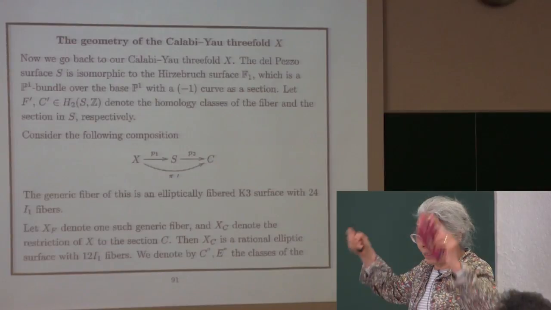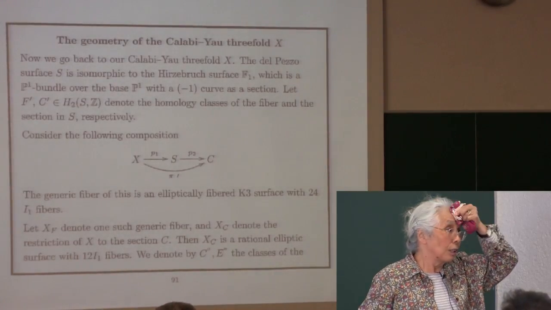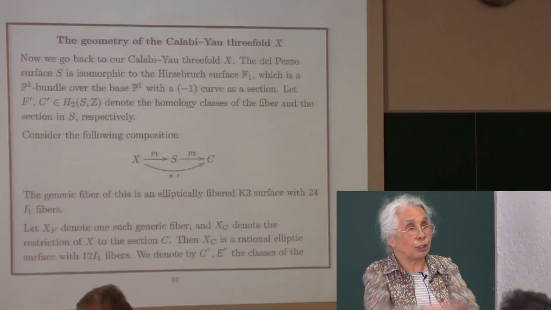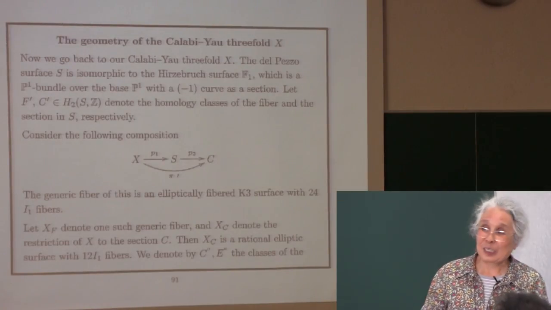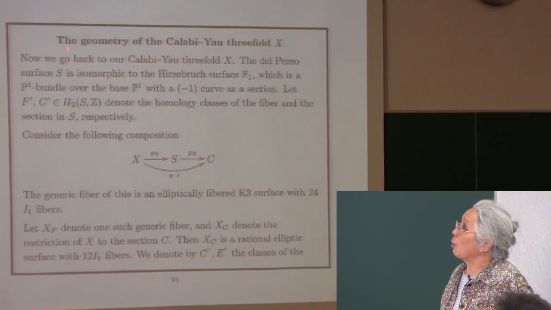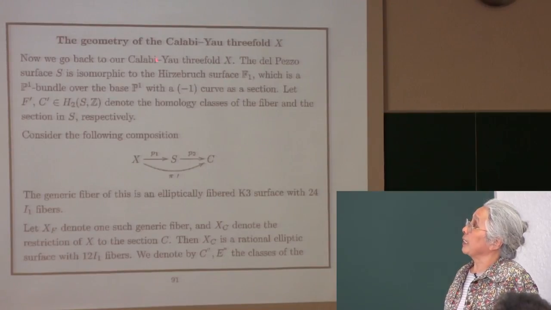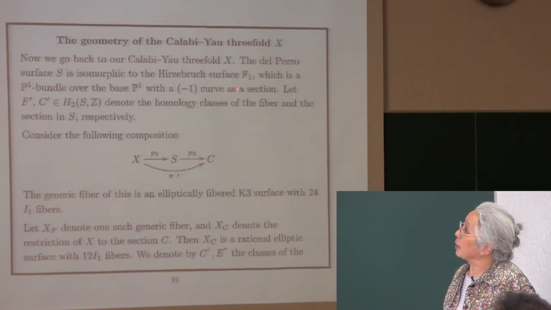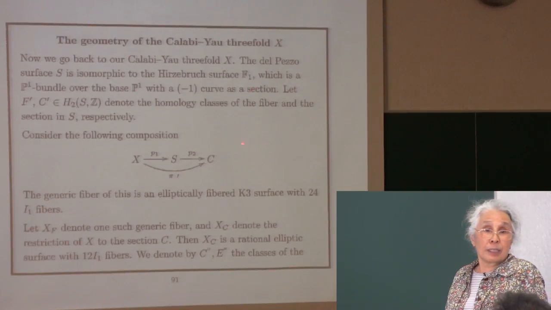Okay, so we cannot do physics. We cannot do these calculations. What we can do is geometry. We are geometers. So we have to do geometry. We go back to our Calabi-Yau 3-fold, and the ruled surface is isomorphic to the Hirzebruch surface F1, which is just a P1 bundle over base P1 with a -1 curve as a section.